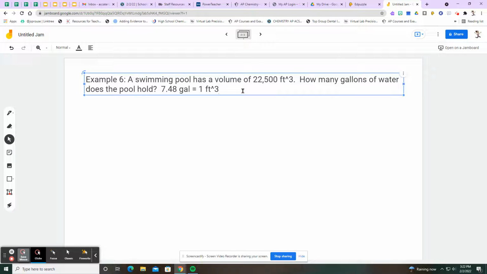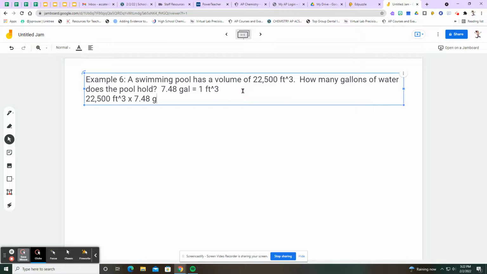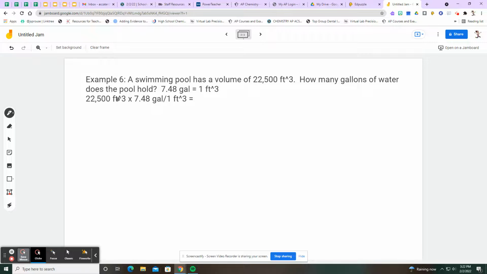Okay, so with that, I'm going to set up my unit multiplier, 22,500 feet cubed. And that's going to be times, now if I have feet cubed in the top, I want feet cubed in the bottom. So it's going to be 7.48 gallons over 1 feet cubed. Okay, so my feet cubed wind up canceling out because one's in the top and one's in the bottom.